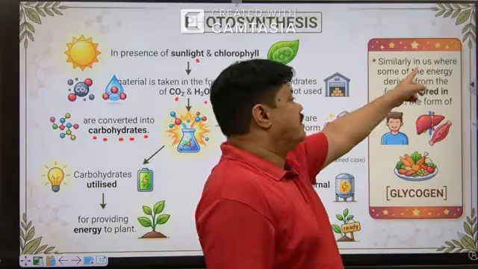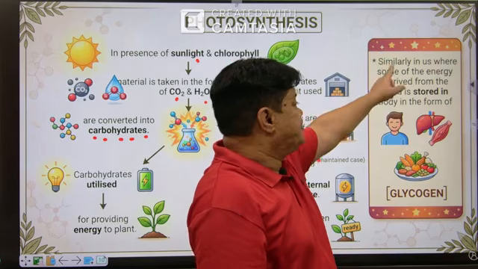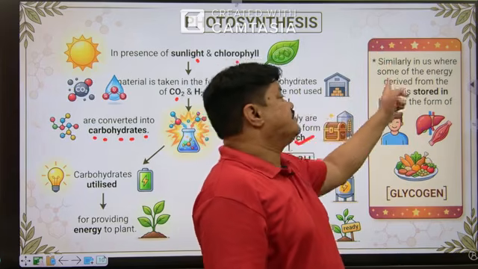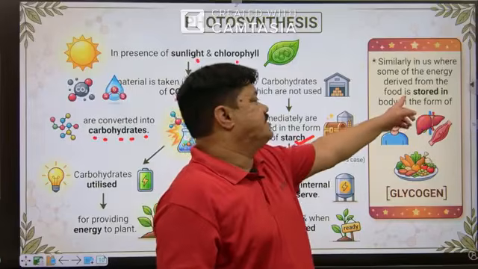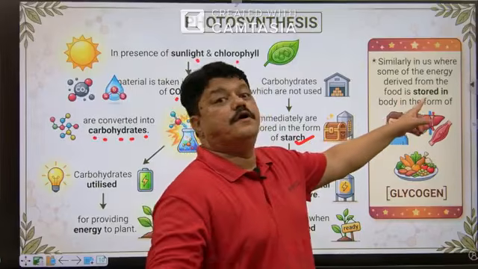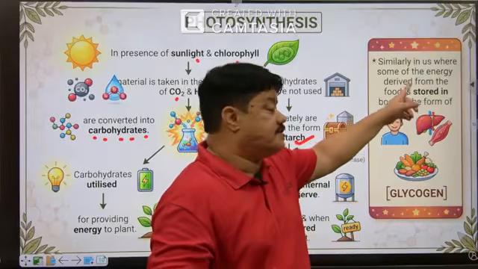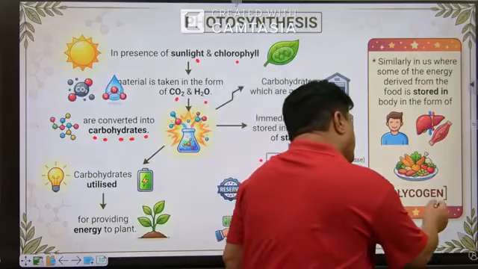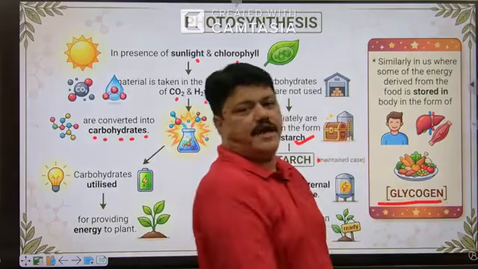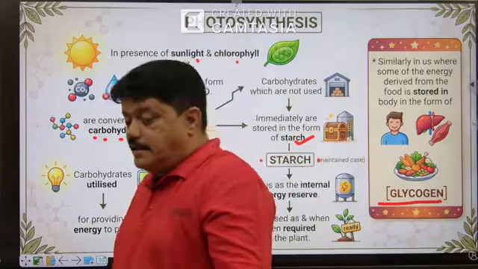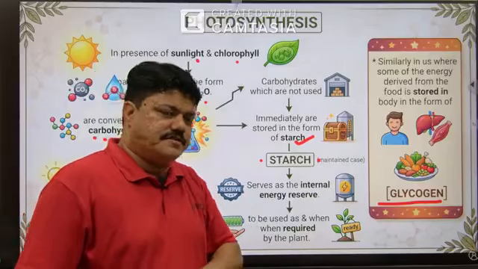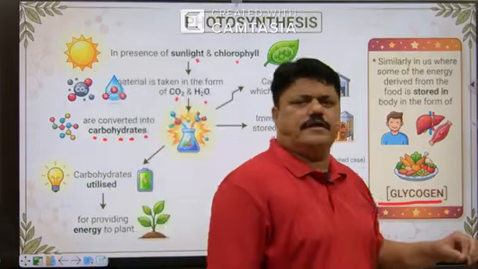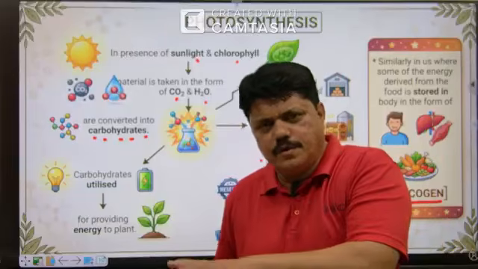Then what about our case? Simple. Similarly, in us, some of the energy derived from our food is stored in the form of, no, not starch, but glycogen. In general, glycogen is also known as animal starch. Again, glycogen is a polymer of glucose.